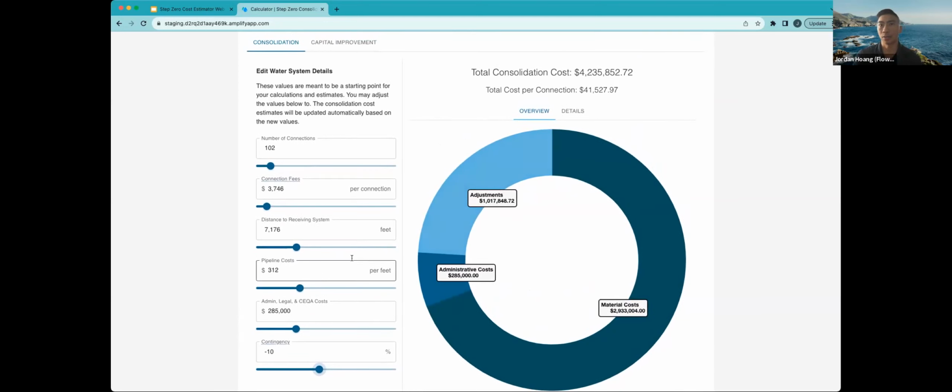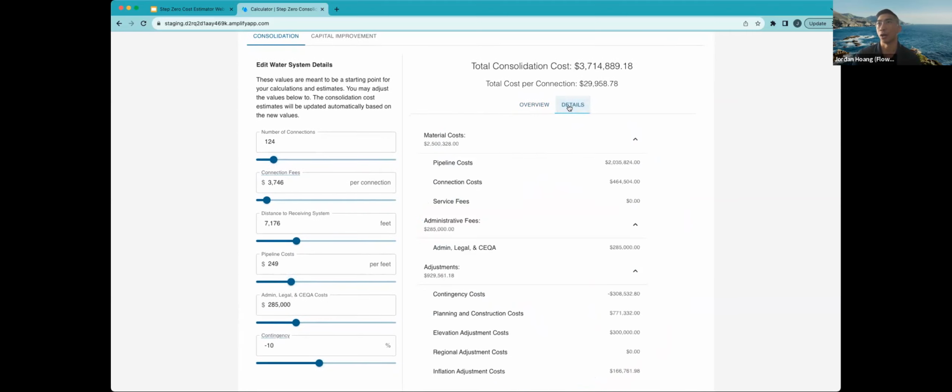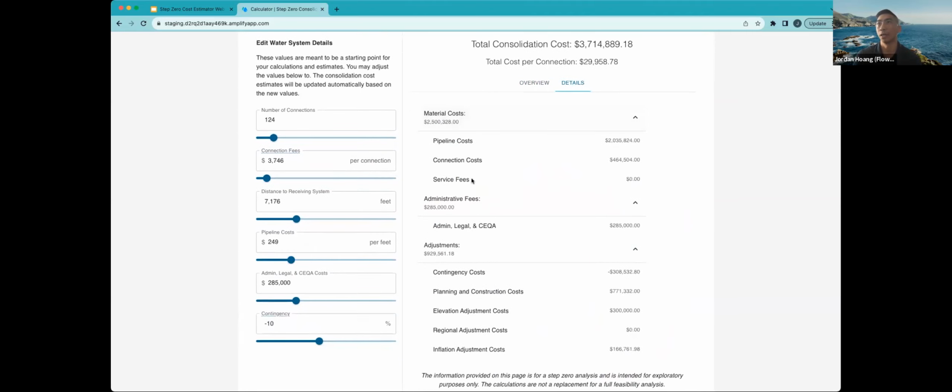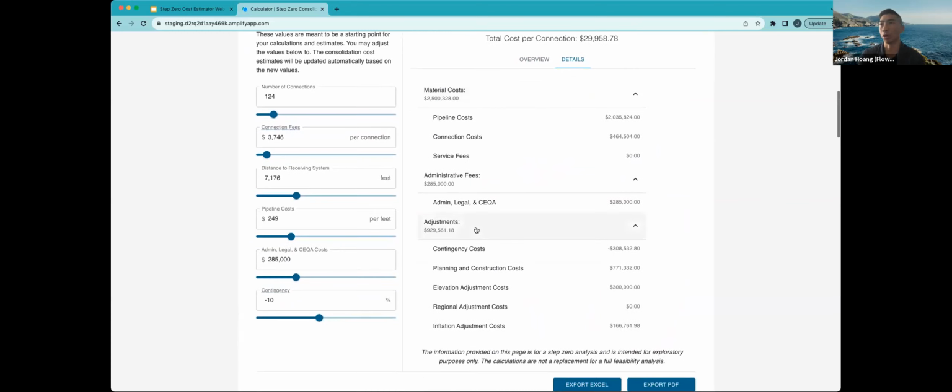On the right hand side, you'll see as we adjust these values, costs are being updated. We have this donut chart on this side, and if you toggle over to the details tab, you get a more detailed breakdown of which costs are going into these categories.